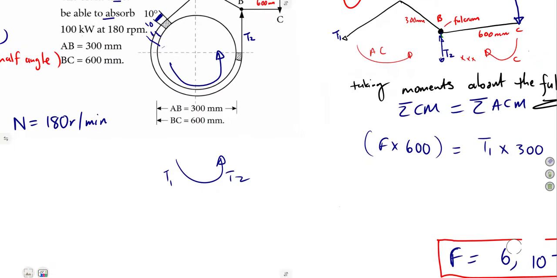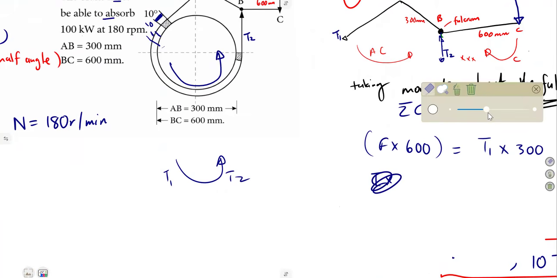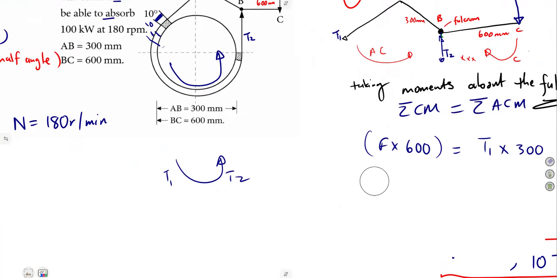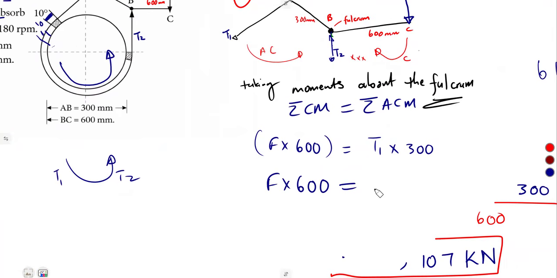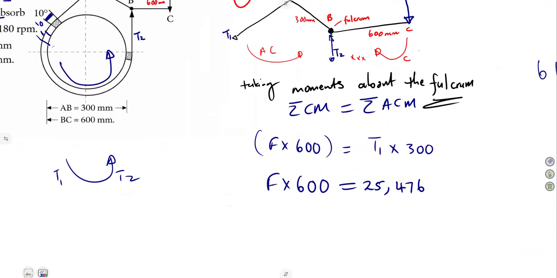So that is how we can play around with these typical questions. So this is going to be F times 600 is equal to T1. So T1 was 25,476 kilonewton, times 10 to the exponent of 3, times 300.